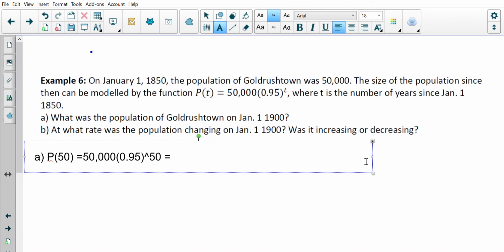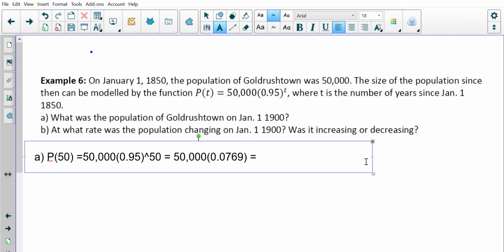All right, so let's see here. I'm going to have 50,000. I take 0.95 to the power of 50, and I get 0.0769.